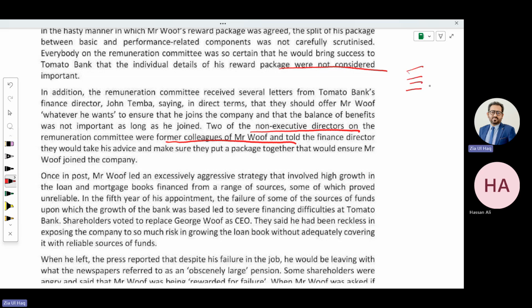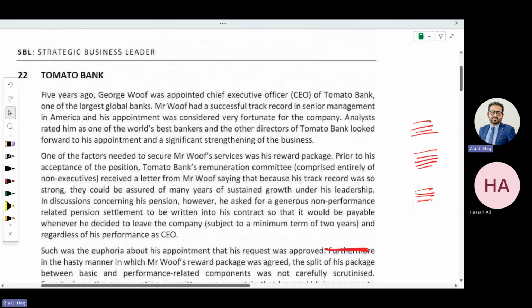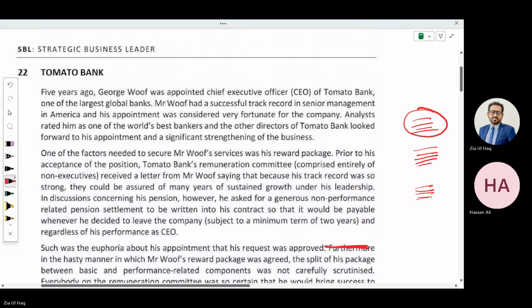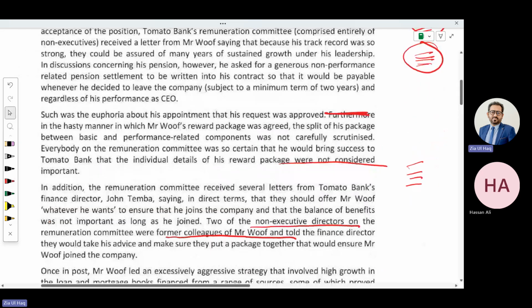So we can make one more paragraph. So one paragraph we have discussed. Mr. Woff is involved himself. Second, pension, long-term benefit. Based on his request, they have said short-term reward package elements were not considered properly. It should be a mixture of variable and fixed, and seem like there is no performance related element.